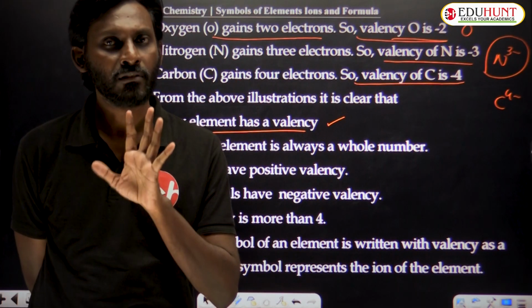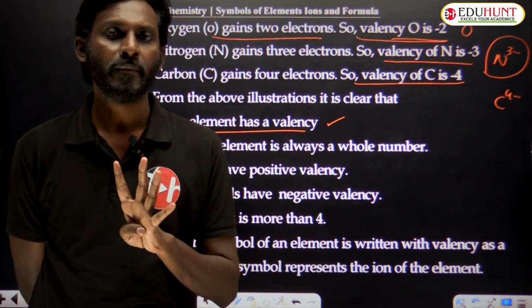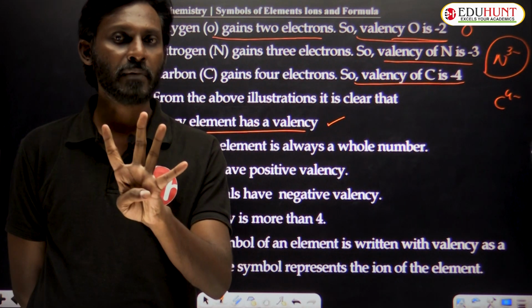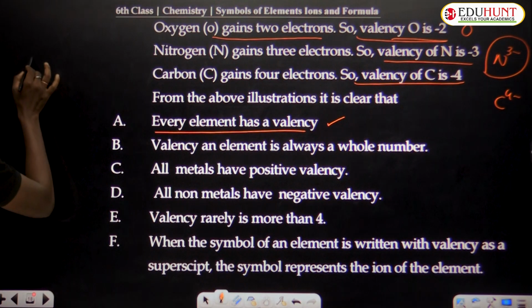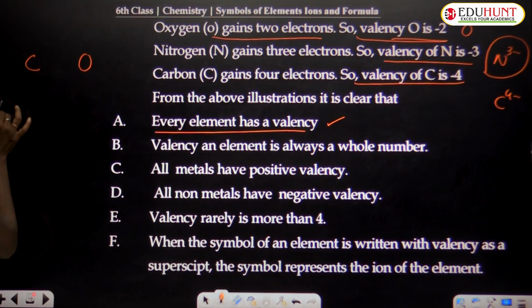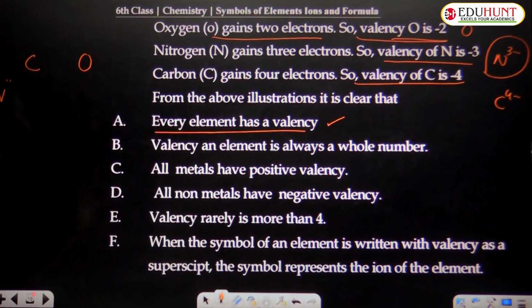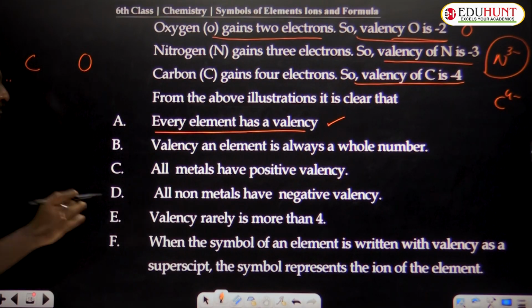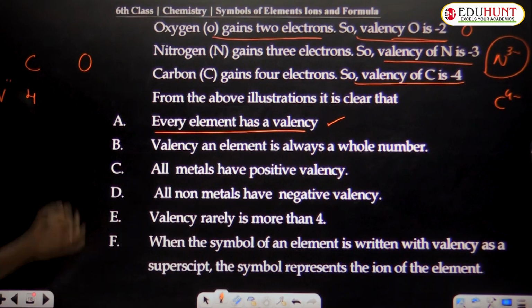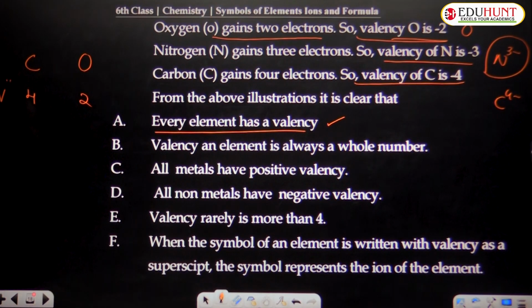Carbon has a valency of 4. That means carbon has a combining capacity of 4 units. I take 2 atoms, carbon and oxygen. Now valency, V for valency. What is the combining capacity of carbon? The combining capacity of carbon is 4 and the combining capacity of oxygen is 2.